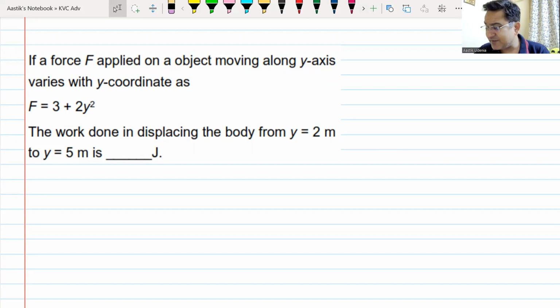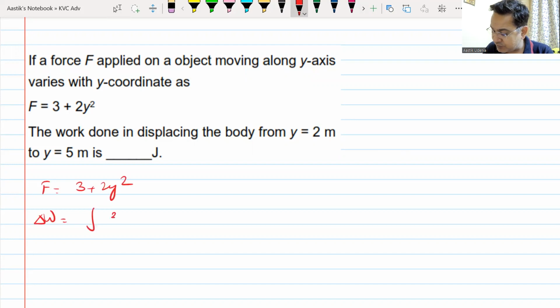The answer that I have is 87. Force is given as 3 plus 2y square. You have to find the work done. So integral of (3 plus 2y square) dy, integrated from 2 to 5.